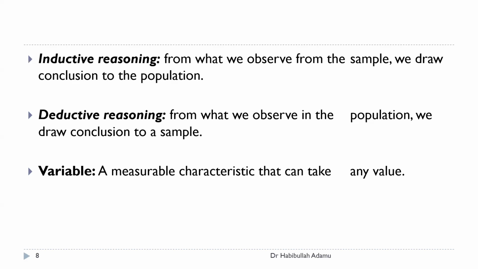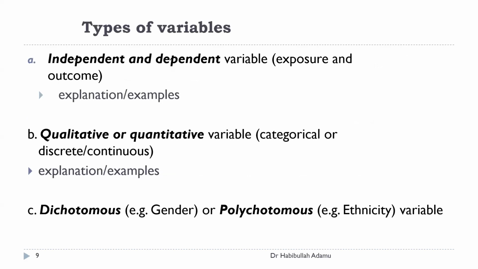The other one is variable. This is very, very important. You are going to come across it over and over again during analysis. It is very important also to know the different types of variables. Variable can be either independent or dependent. So what is a variable?